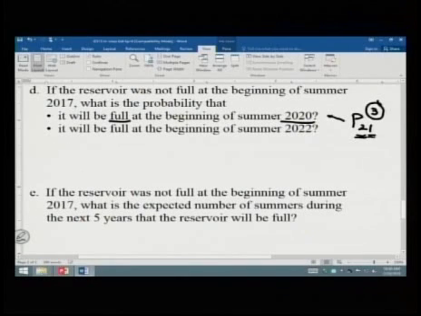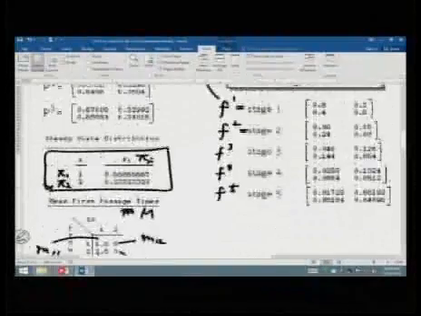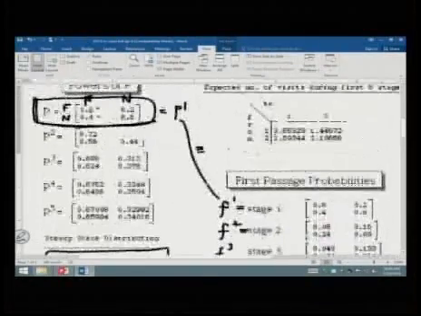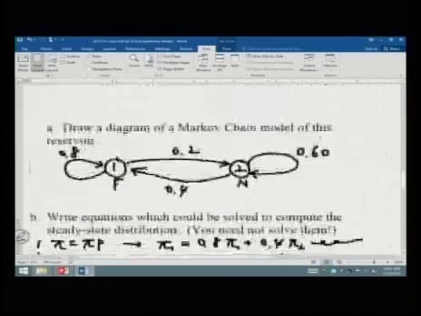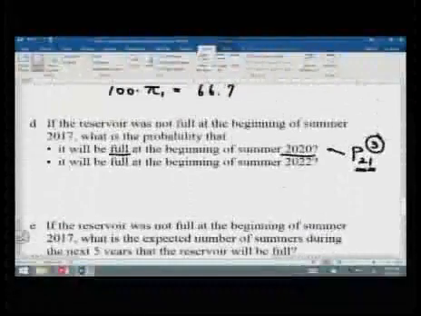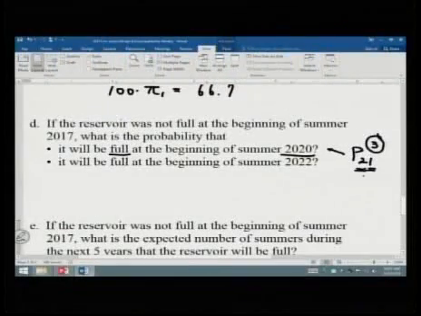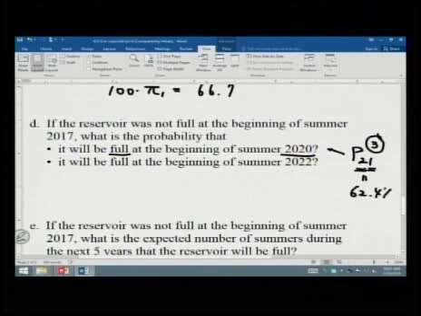So what is the corresponding number? P21 from the cube matrix is 0.624, down here. So this is 62.4%. Is that right?